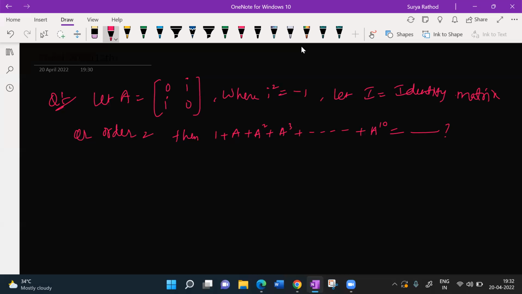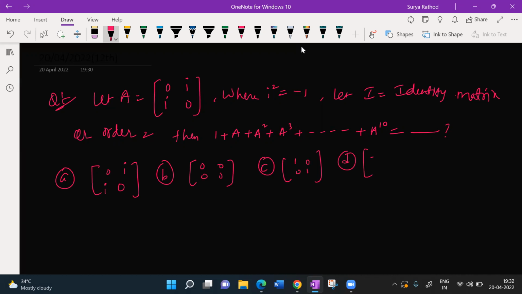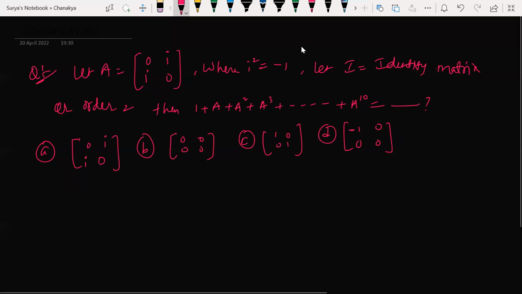Option A is [0 I; I 0]. This is a previous year JEE question. Option B is [0 0; 0 0]. Option C is, option D is... this is what the question is all about.